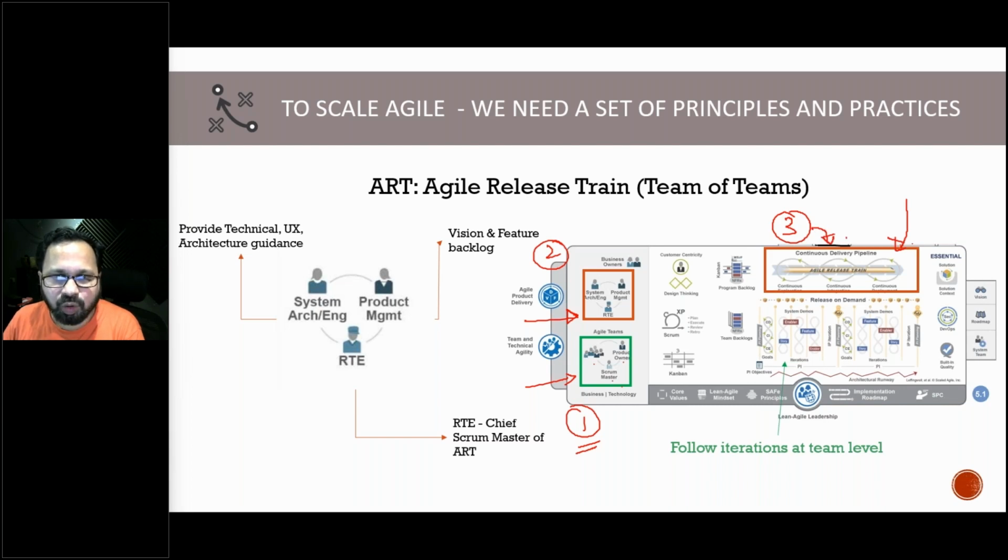And to manage this train to deliver the value, we need one level of hierarchy or a couple of roles here, and these roles are zoomed in to show you that we require product management to manage the backlog. At a train level, we require a system architect or engineering team to provide the guidance for the architecture for the overall train.